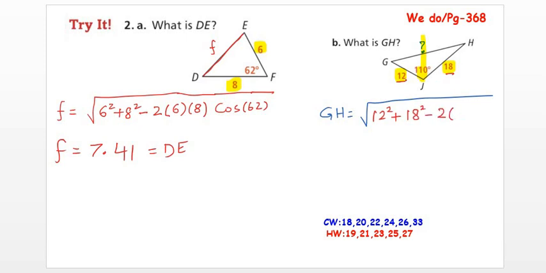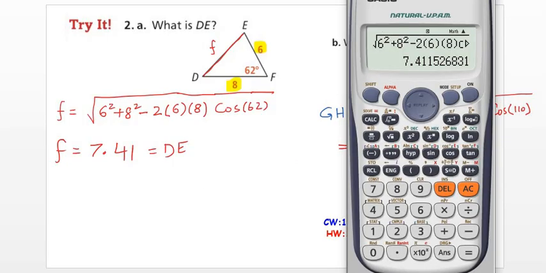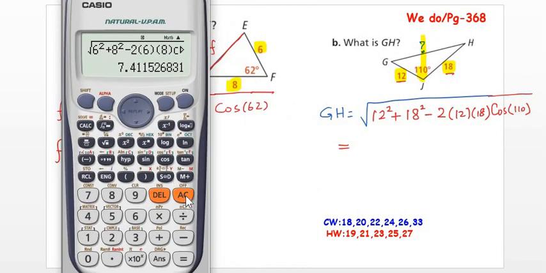So it's going to be 2 times the same numbers, 12 and 18. And what do you have to multiply it with? You have to multiply it with cos what? Let me extend it. So it's going to be cos 110 degrees. You will close the bracket. After that, simply you have to substitute all these values into the calculator. So let's put the values into the calculator.